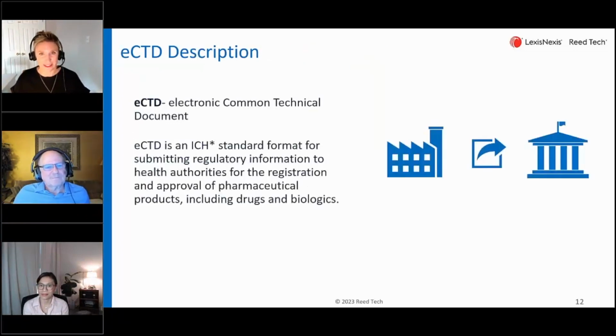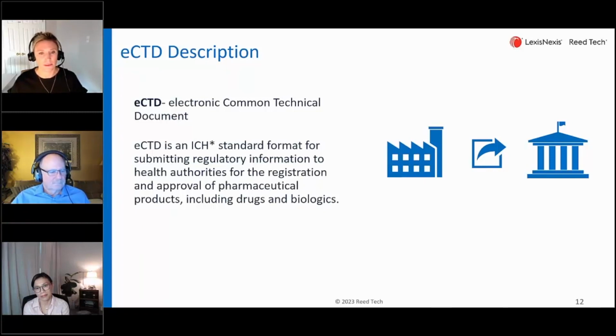Yeah, sure. So let's start with the very basics. eCTD stands for Electronic Common Technical Document. This really stems from the initial iteration of the Common Technical Document, which is non-inclusive of things like XML backbones and whatnot. This is a standard format that was implemented by ICH to essentially streamline the submission of regulatory data to the health authorities.